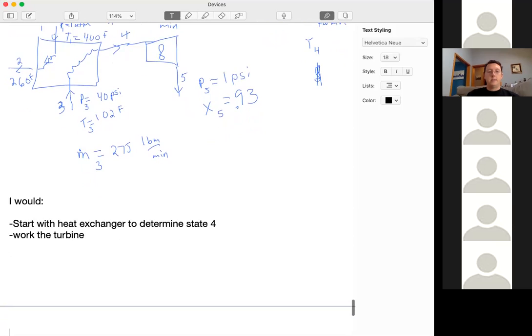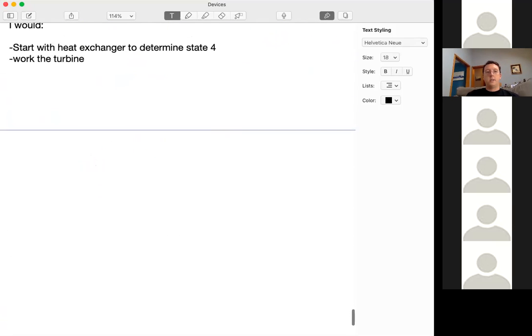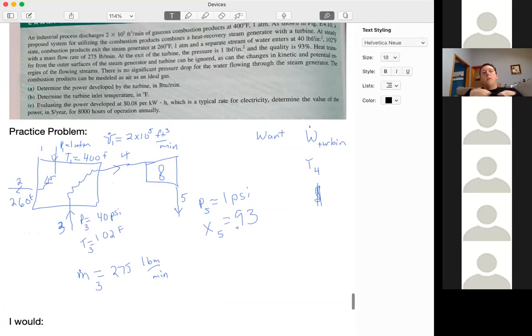So from the heat exchanger, what are the assumptions I can make? Somebody call them out. What do I know about the heat exchanger? What assumptions could I make? No potential energy. Is there going to be kinetic energy? No. That's one thing.